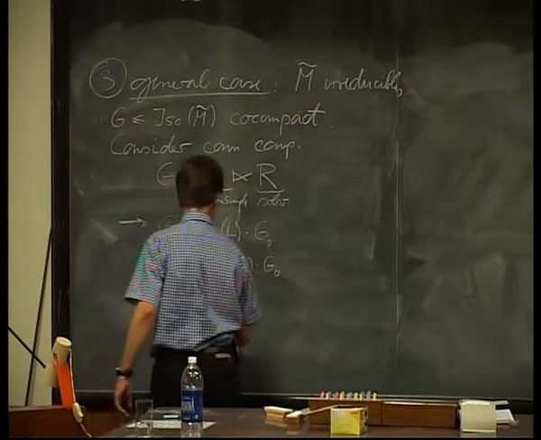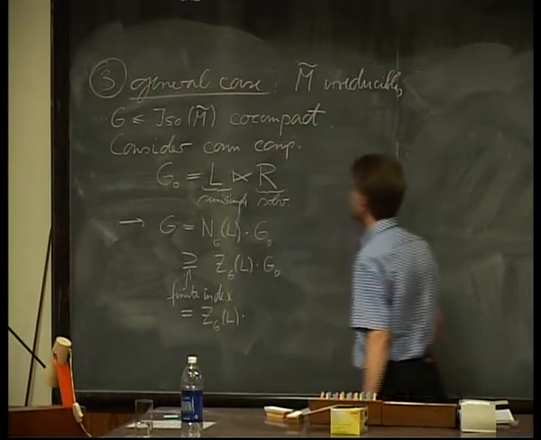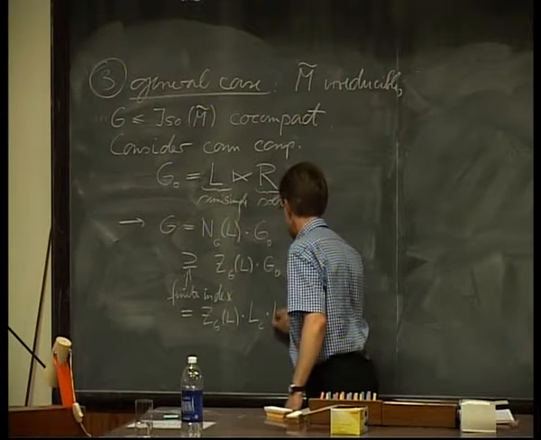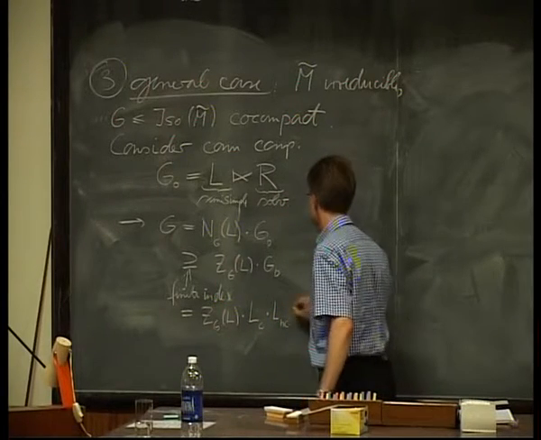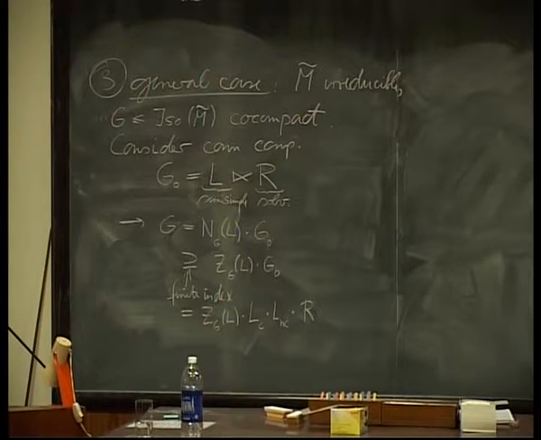And then one more step. So G, we may write L, the semi-simple group, we may decompose into its compact factors, its non-compact factors, and then we have the solvable radical.